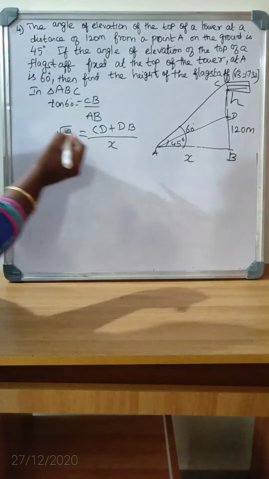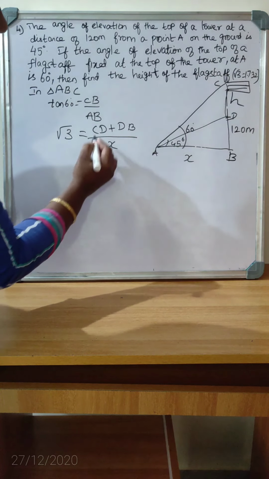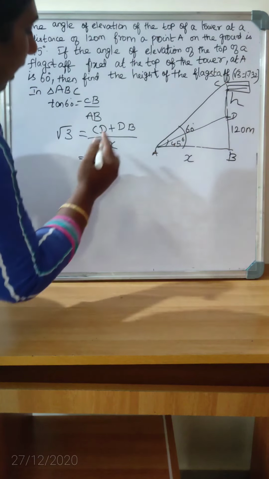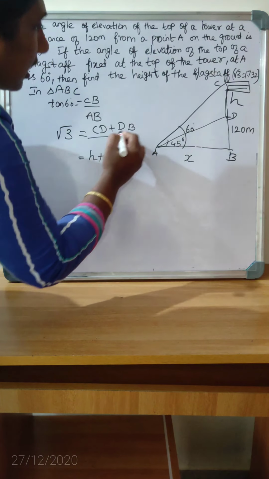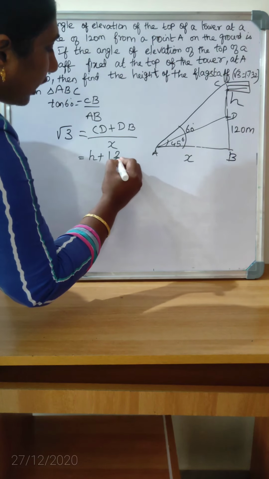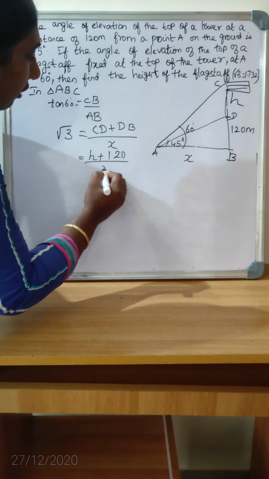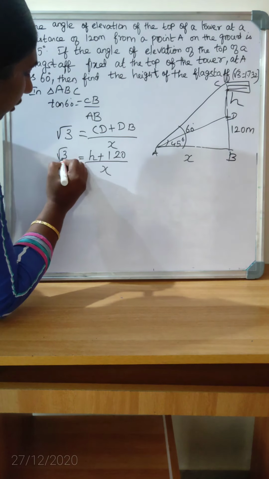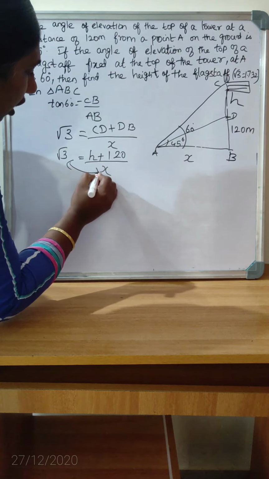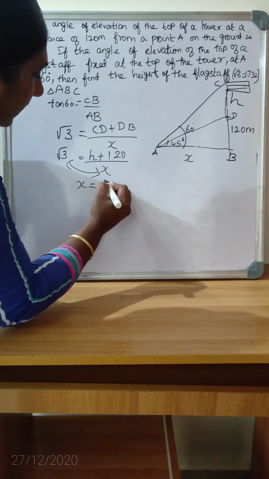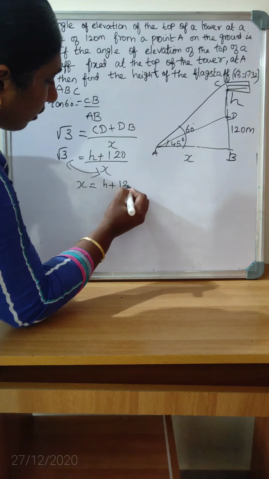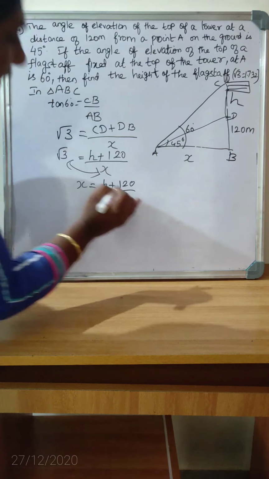In this we don't know the CD value, so we are taking it as h, and DB already they have given, height of the tower, it is 120, by root 3. So we are going to do the cross multiply. So x equal to h plus 120 divided by root 3.